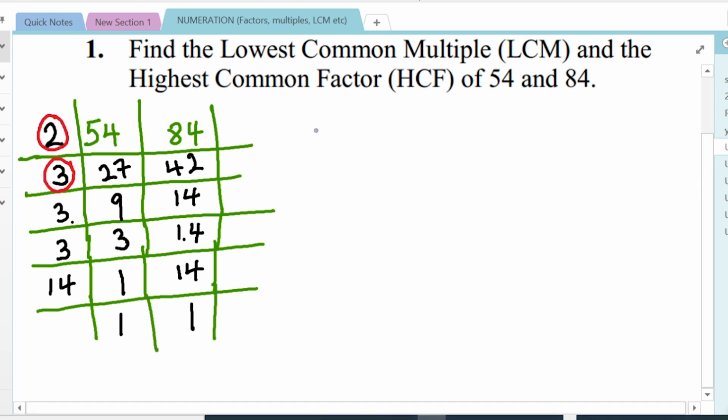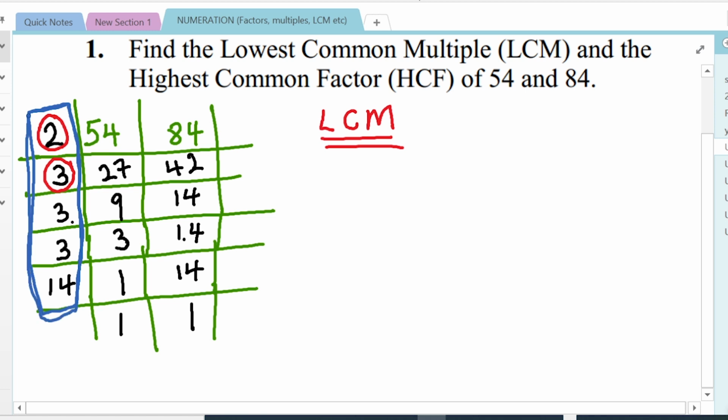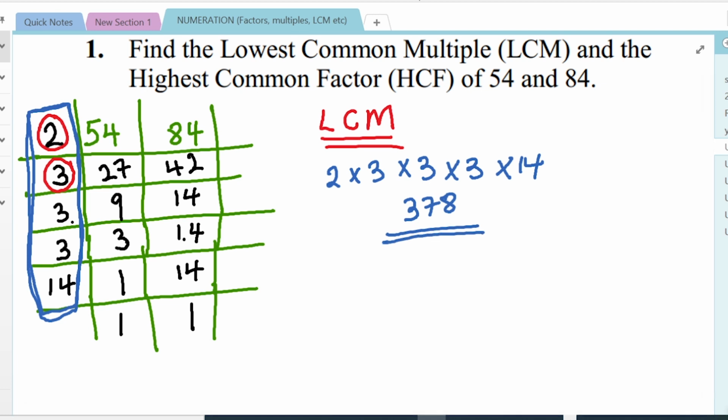So we go ahead and multiply everything that is there. To get the LCM, we multiply everything, which is 2 times 3 times 3 times 3 times 14, and then we shall end up with 378. That's the LCM.